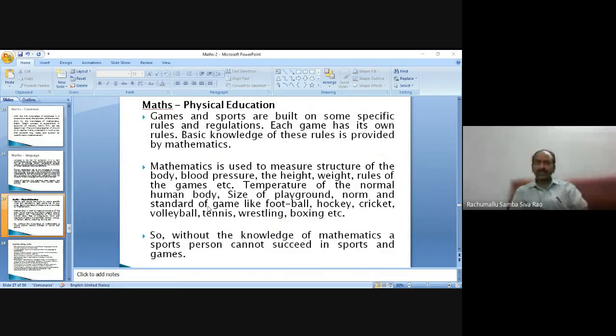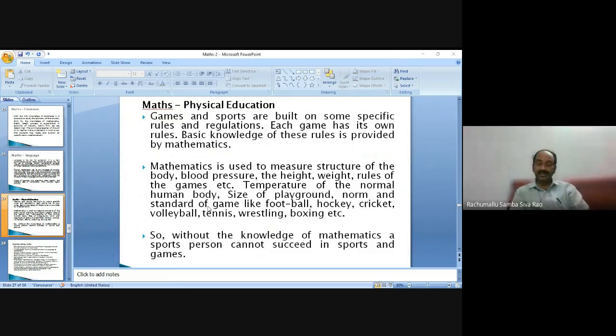For example, shuttle badminton is our interested game. To play shuttle badminton, what do we have to do first? We have to lay the court. For that, we have to use mathematical application.